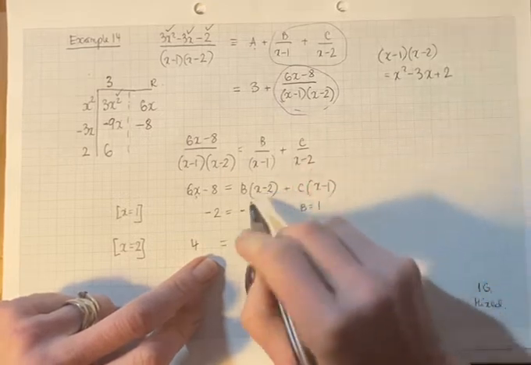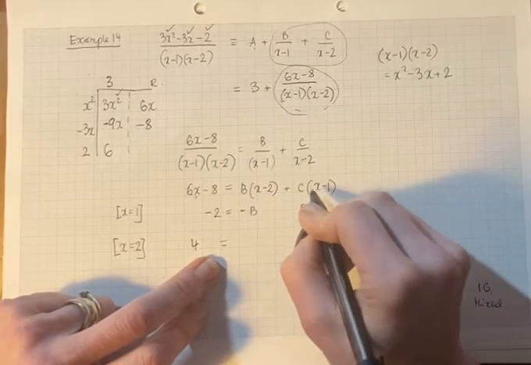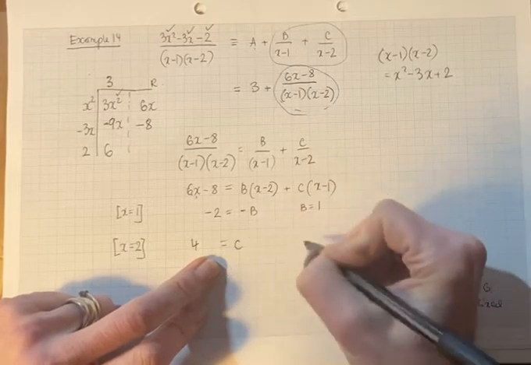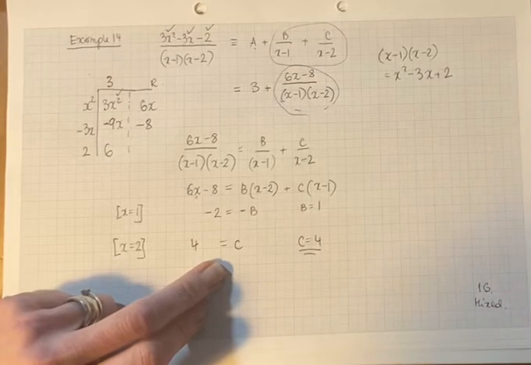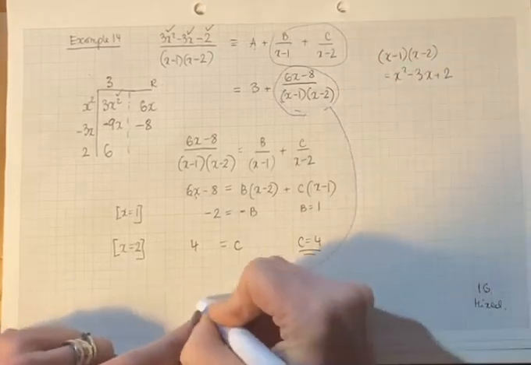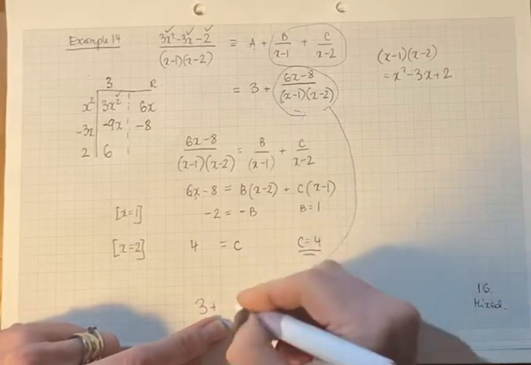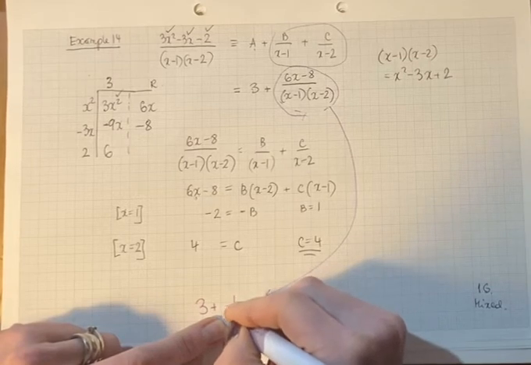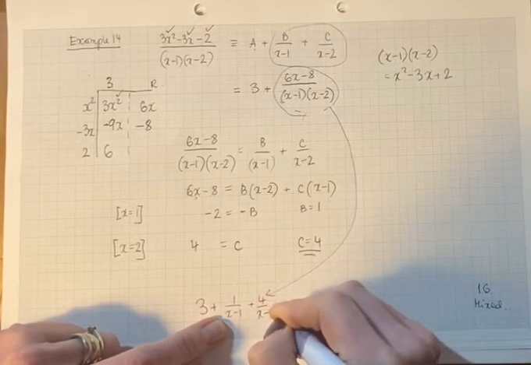This part here involving b will disappear, and c will be multiplied by 2 minus 1, which is 1. So c is equal to 4. So the answer altogether will be 3 plus the value of b over x minus 1, and the value of c over x minus 2.